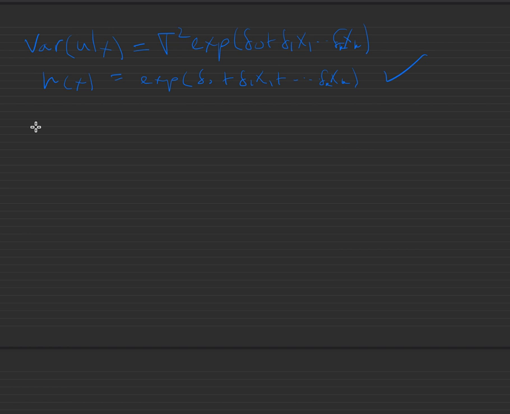The model that we are estimating is the following. u squared is equal to sigma squared times exp of delta naught plus delta 1 x1 through delta k xk, and we're going to bring in an extra term to make the analysis a little bit simpler. We multiply by the term v, which has a mean of 1 and is independent of x, so that when we log linearize, we take the log: log u squared is equal to alpha naught plus delta 1 x1 all the way through delta k xk plus some error.